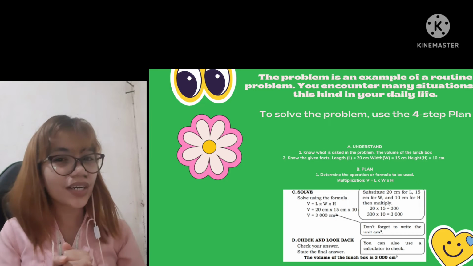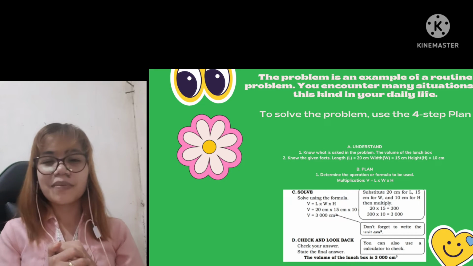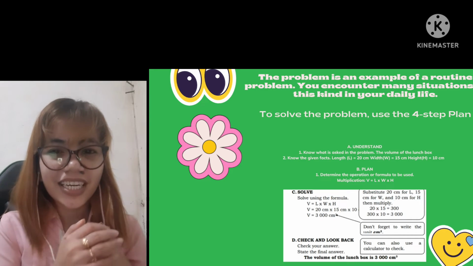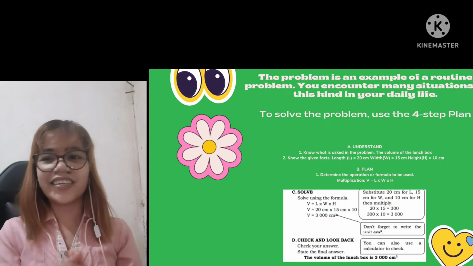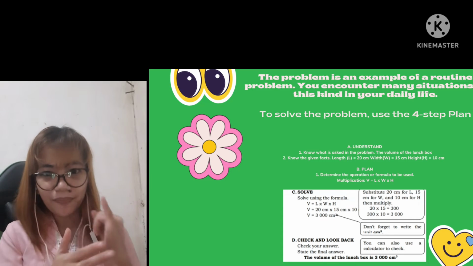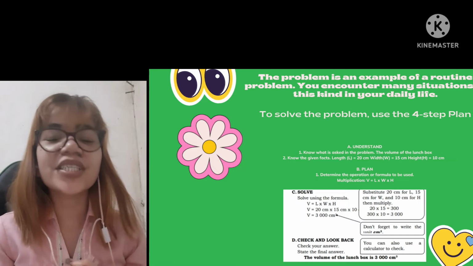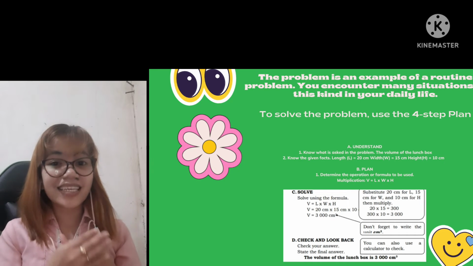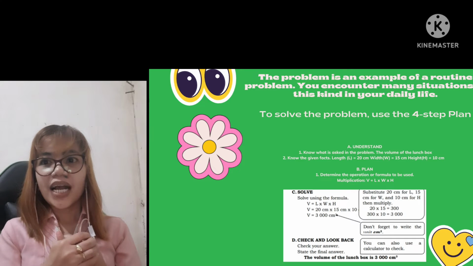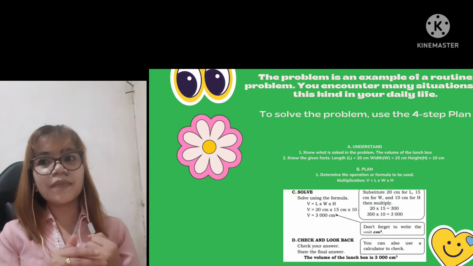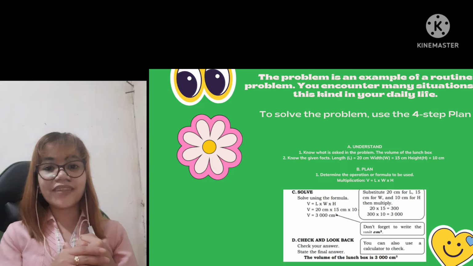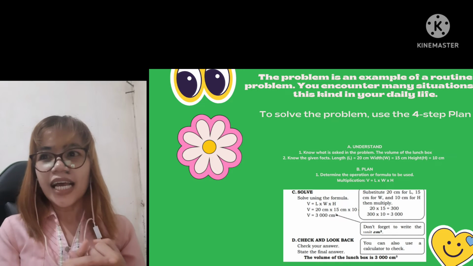So what is this 4-step plan the teacher is sharing with you? So A, understand. Of course, know what is asked in the problem. So the problem asks for the volume of the lunchbox, right?